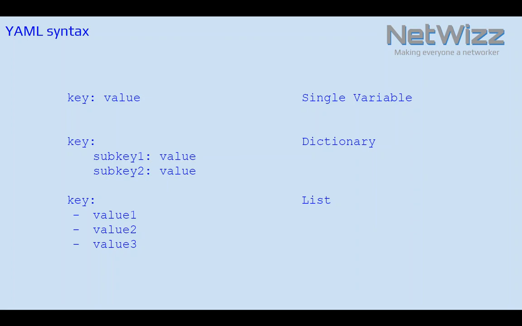The most important constructs of YAML are single variables, which are written as key value pairs divided by a colon, dictionaries, which are as simple as a key value where value itself contains other key value pairs, and finally lists, which are just key with multiple values. These constructs can be nested in pretty much any way, shape or form.